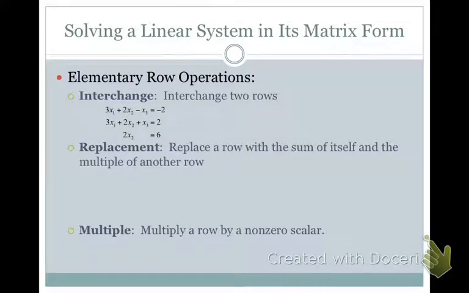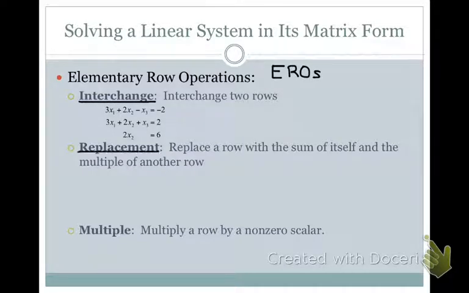We're about to see how matrices can be manipulated to help us solve a linear system in a compact form. The way that we do this is by performing what's known as elementary row operations. You'll see these abbreviated as EROs. There are 3 different types of row operations. One is called row interchange, where we simply exchange any 2 rows in the matrix.